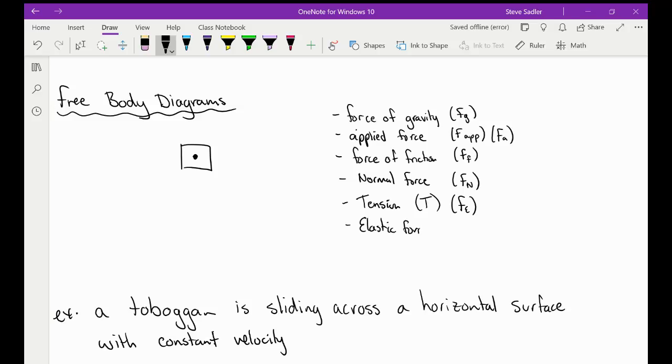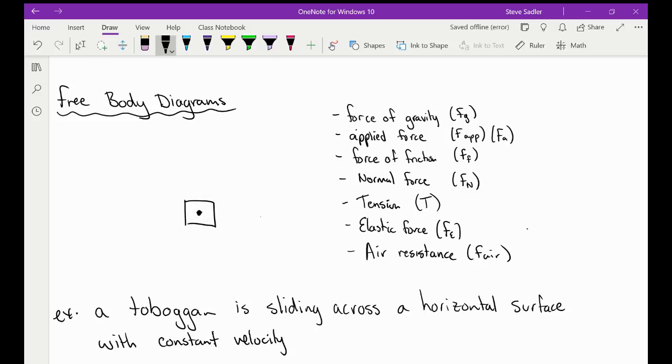Elastic force, yes, tension is definitely not. Sorry, I was thinking of Hooke's law. We want that to be here. Got ahead of myself. There we go. And then we'll never deal with air resistance, but if you wanted to, that's another one you could do. Air resistance, F air.